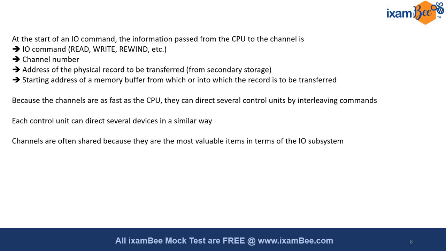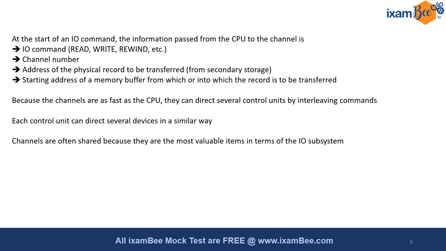Now, at the end, for the understanding of the IO subsystem, we should understand the IO commands, how it basically starts and what the end is. So at the start, it is the IO command, like what kind of command: read, write, rewind, whatever kind of IO command is given to the IO subsystem. Then it will identify the channel number, to which channel we are going to take care of.